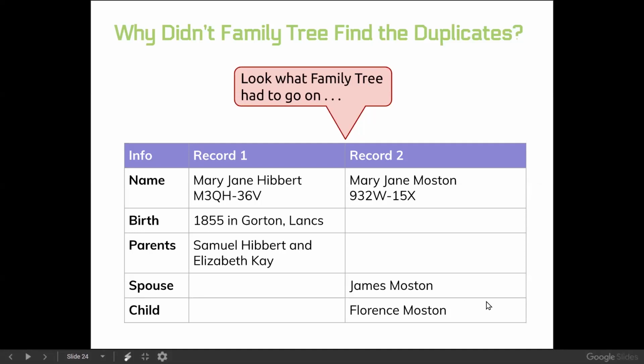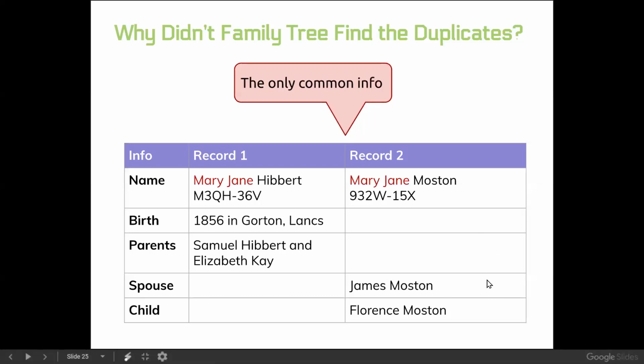So basically, the only thing in common between those 2 records was Mary Jane's name, and that was it. So that was not enough for Family Tree to consider those 2 records duplicates, even though a human being doing even a slight bit of research, that probably took me 10 minutes, was enough to identify that these people were duplicates.